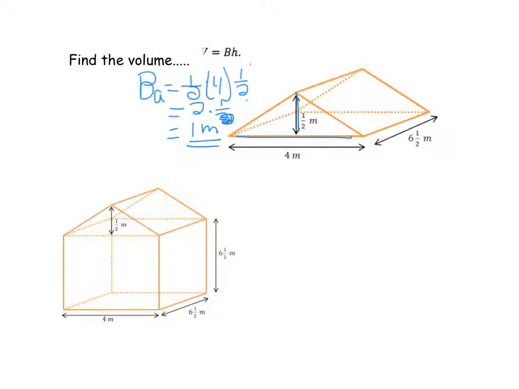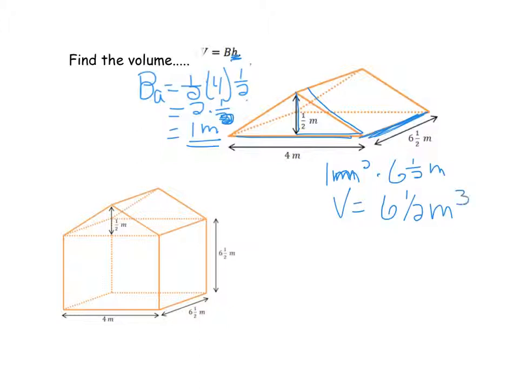And now I have to take that 1 meter squared and multiply it by the height. So 1 meter squared times 6.5 meters, because we're taking the row that's here, we're multiplying it by however many rows there are. So the volume of this shape is 6.5 meters cubed.